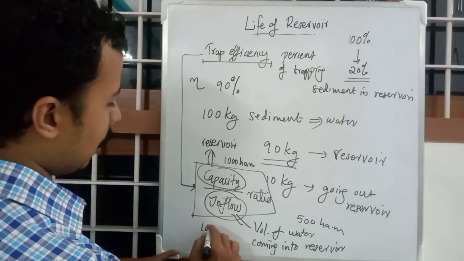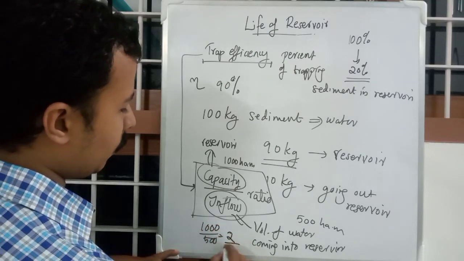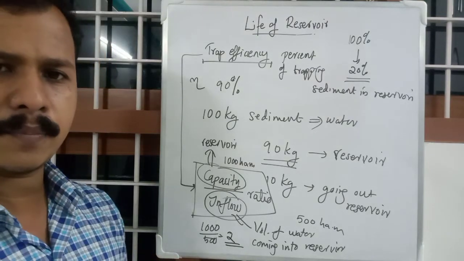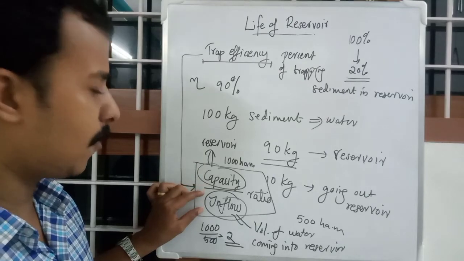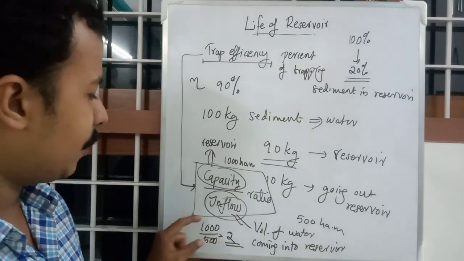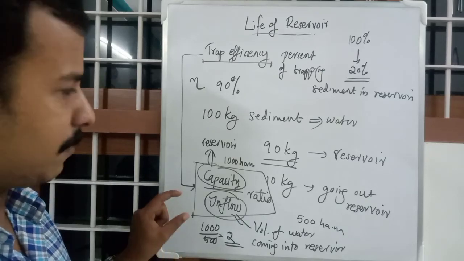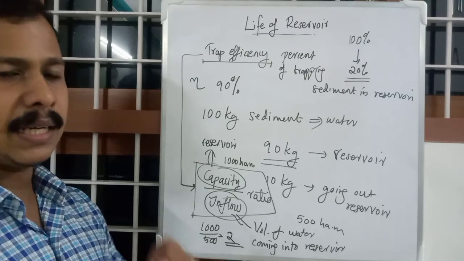That means 1000 by 500, 2, will be the capacity inflow ratio. That is as simple as that. You get the capacity of the reservoir and the inflow of water coming into the reservoir every year, take the ratio, and from that ratio you will calculate trap efficiency. Okay, I hope it's clear.